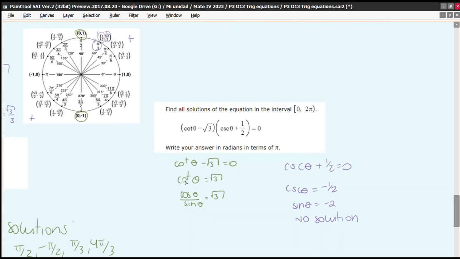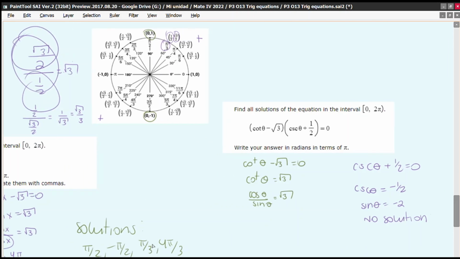This means that cosine, by the cheat sheet I gave you of the sandwich law, that means that cosine of theta will have to be square root of 3 over 2, and sine of theta has to be 1/2. So this fraction, or this big sandwich, is square root of 3. So I have to check where x is square root of 3 over 2 and y is 1/2.